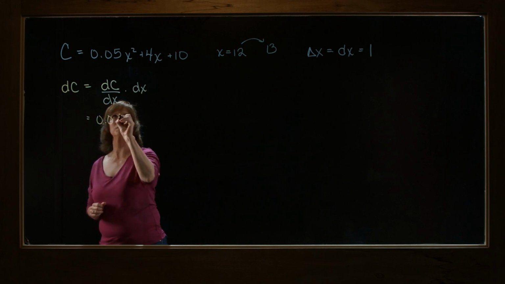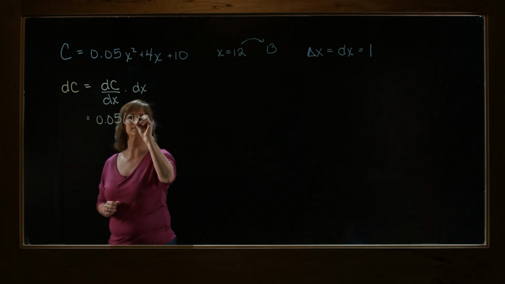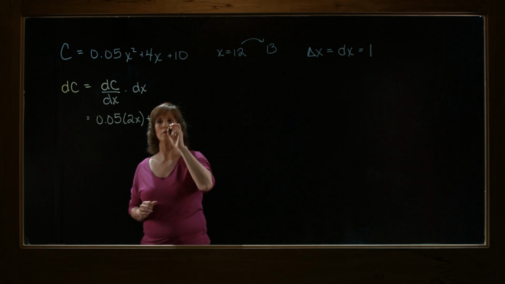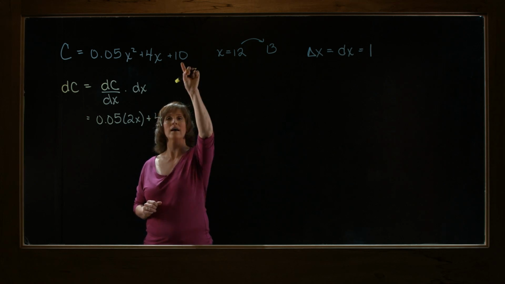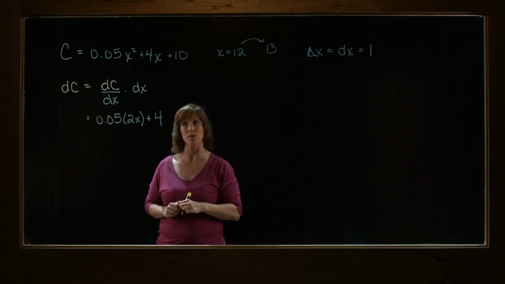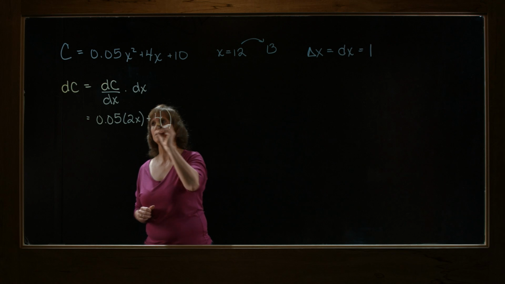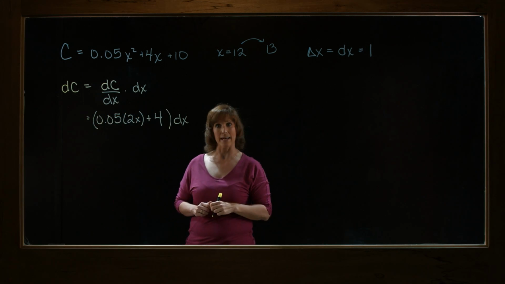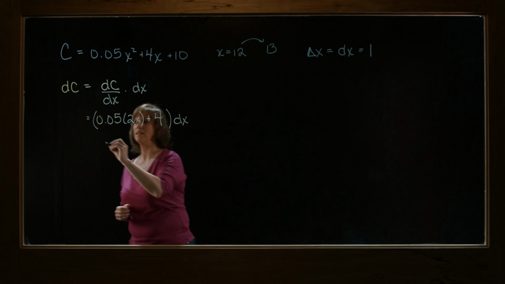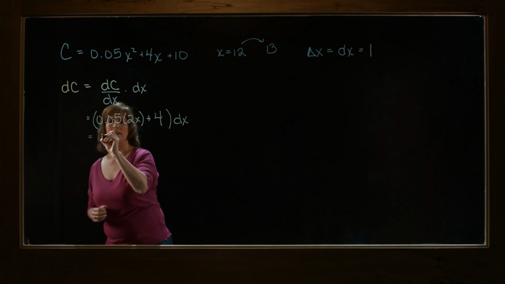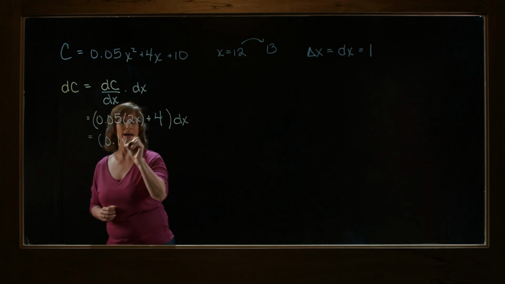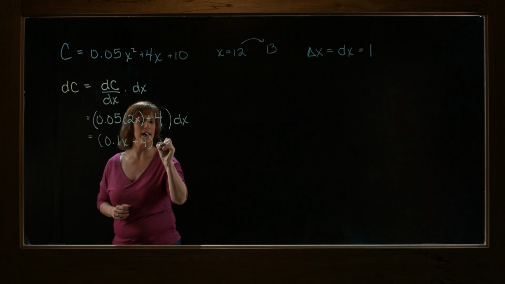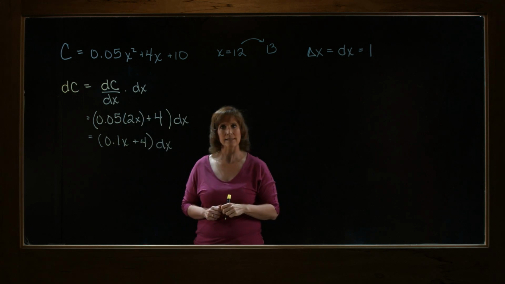So I have 0.05 times 2x plus the derivative of 4x, which is just 4, plus the derivative of 10, which is 0. And then we're going to multiply the whole thing by dx. A little simplification gives us (0.1x + 4) dx.